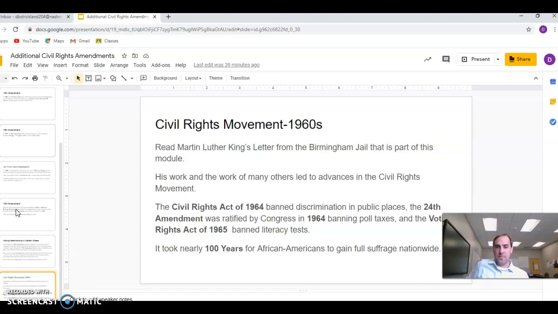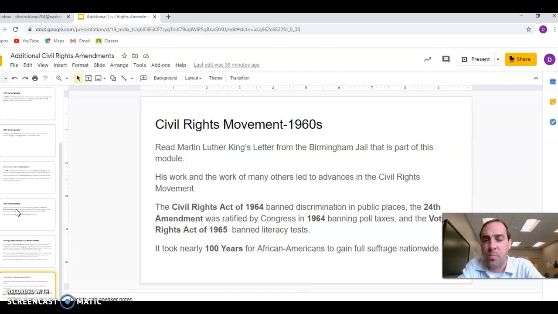You'll see it. Now, Martin Luther King and the many other civil rights activists made a lot of gains in the 60s. Because of their work, the Civil Rights Act of 1964 was passed, and it banned discrimination in public. This is why whenever you go to a public place, you often see signs that say, "We do not discriminate on the basis of color, race, sex, gender, creed, religion."